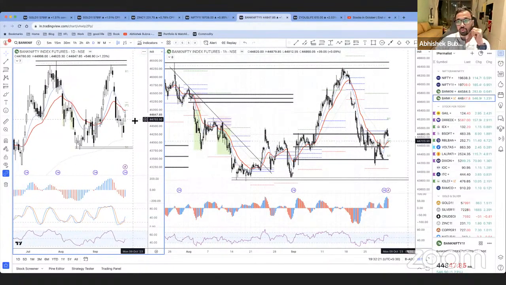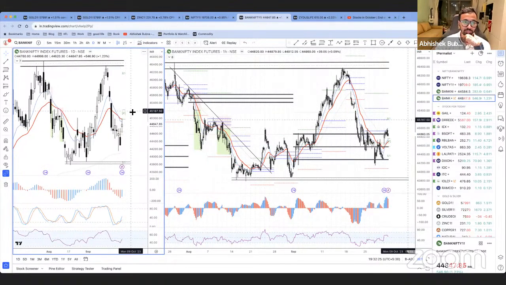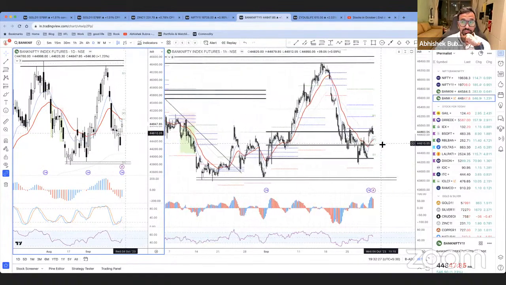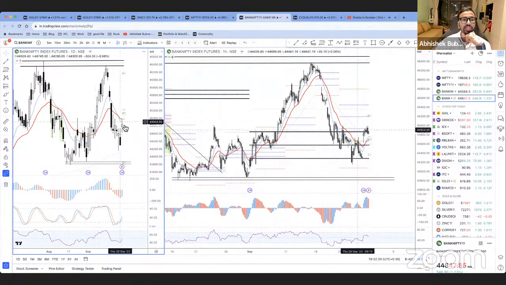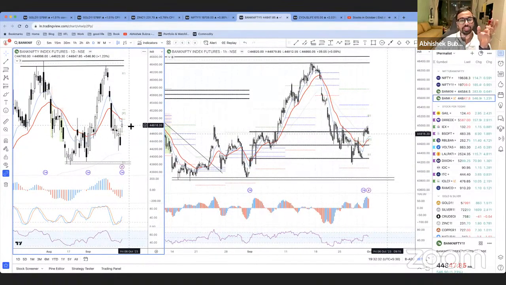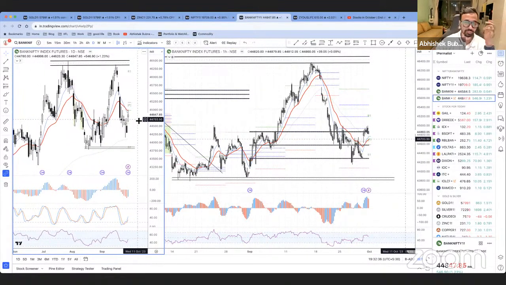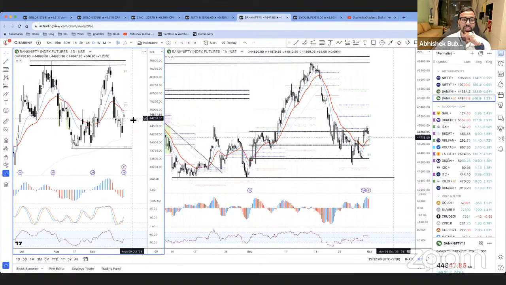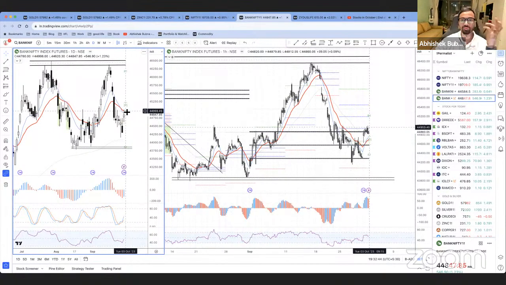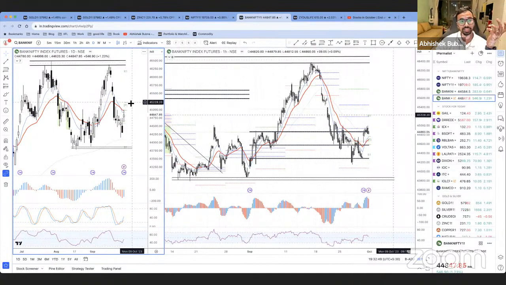Now, more importantly here is the monthly CPR again, because it is a narrow monthly CPR and it'll give you opportunity once again, and narrow weekly CPR as well. Because of the monthly and the weekly chart, I am a little bearish on Bank Nifty and surprisingly not in Nifty so much. But once again, there is a possibility that over the weekend something happens and this goes up, and anything above the monthly CPR, I'm going to start looking to buy.